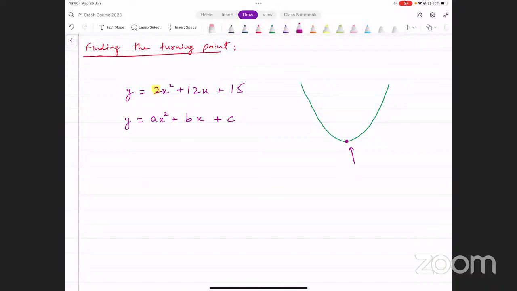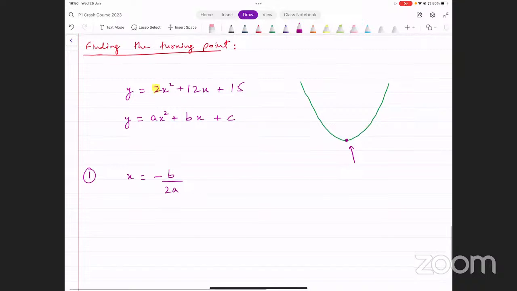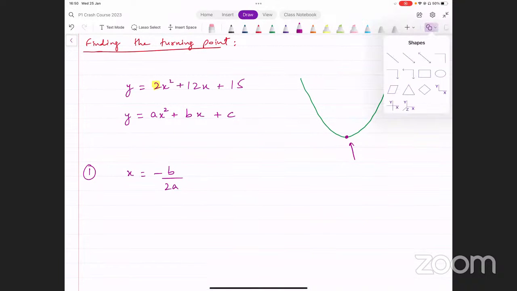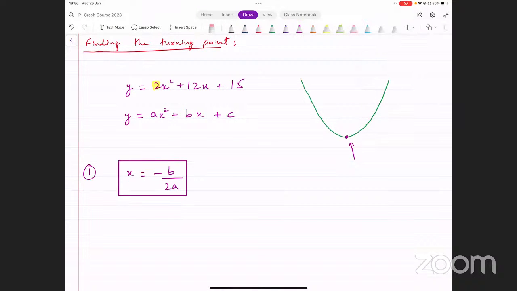If you were to find the turning point of this graph, all you have to do is use this formula: x equals minus b over 2a. What this is going to do is give you the x coordinate of the turning point.